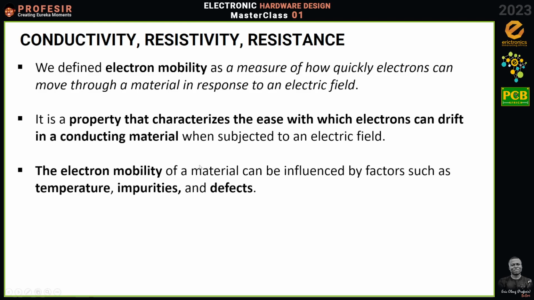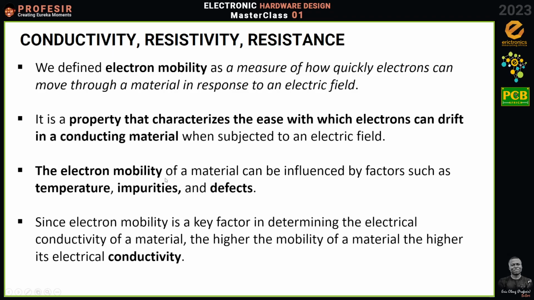Electron mobility, as we said earlier, is influenced by temperature, impurities, and defects. This is just a recall. Everything I'm stating here is just a recall. Now here is the thing. Since electron mobility is a key factor in determining the electrical conductivity of a material, the higher the electron mobility of a material, the higher its electrical conductivity.